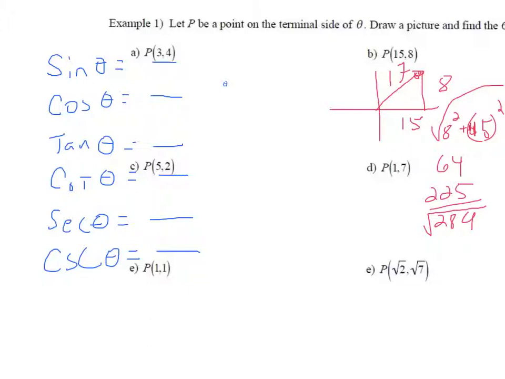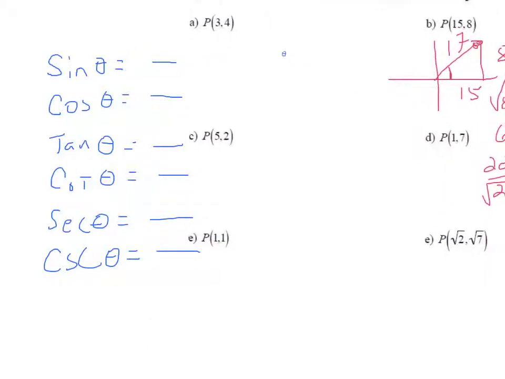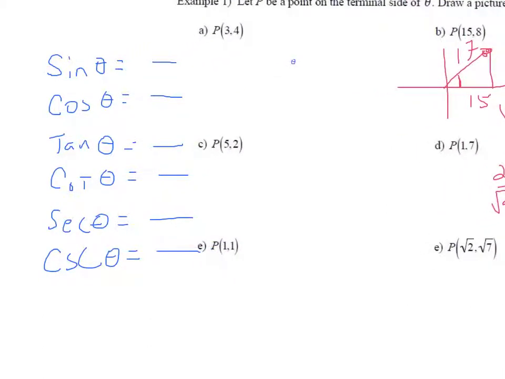So then, since we know the sides, and there's the angle that we're talking about, the sine's 8 over 17, cosine's 15 over 17, tangent's 8 over 15. Then if you stop and think about it for a minute, we're just going to take the reciprocals of each of these.